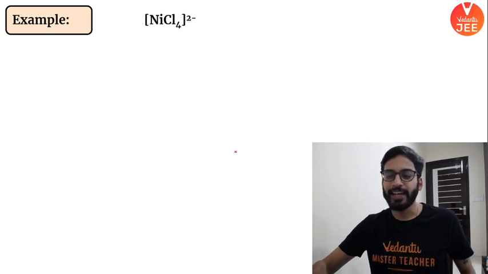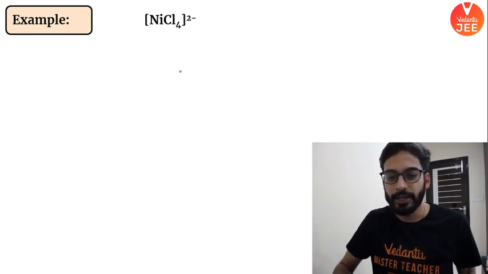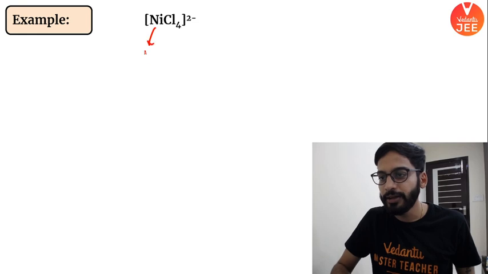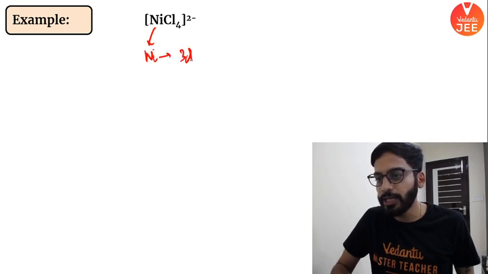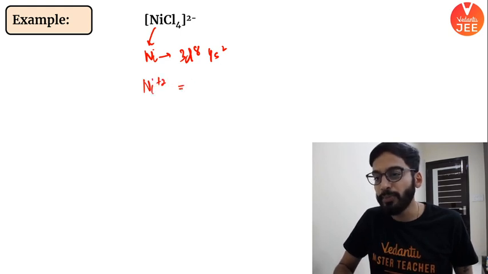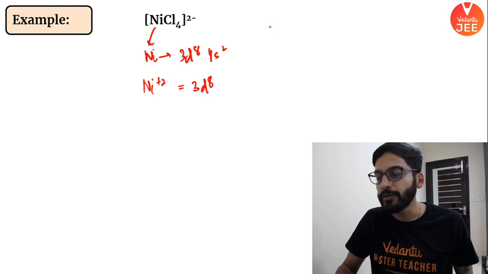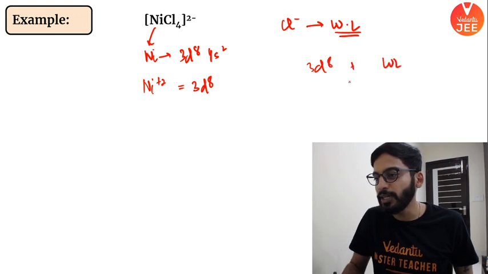बहुत बढ़िया, ठीक है. एग्जाम्पल के तौर पे देखिए, let us discuss this. Nickel is nothing but 3d8 4s2, and nickel is existing in +2 state in this particular complex, so it will become 3d8. Cl minus, boys and girls, is a weak ligand, so 3d8 plus weak ligand is a deadly combination.